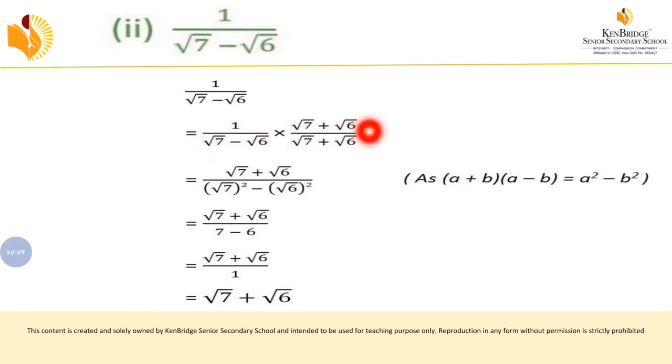And here it is looking like a minus b into a plus b, so this can be written as a squared minus b squared. That is root of 7 the whole square minus root of 6 the whole square. Whenever you square the root, you will get the whole number, that is 7 minus 6, and the numerator remains the same. What is 7 minus 6? The answer will become 1. In the denominator, we don't want to mention number 1. So we can write the answer as root 7 plus root 6. Okay, let's move on to the next one.